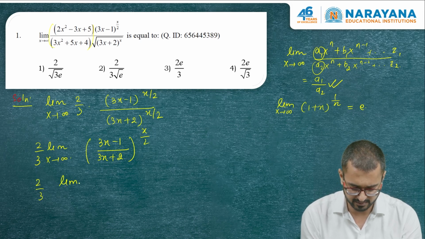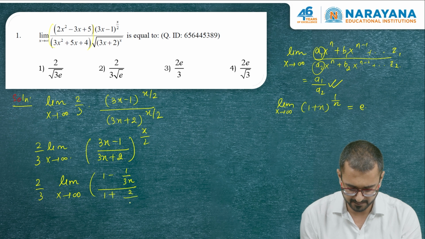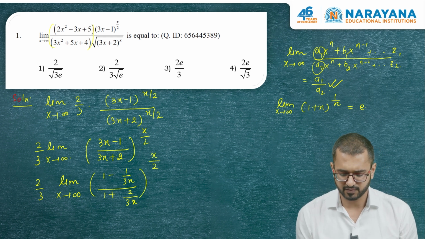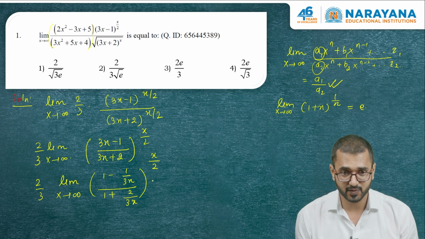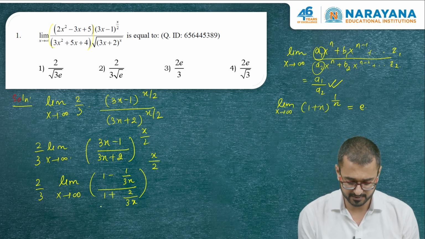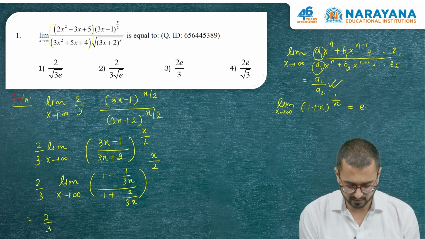So I'll have limit x tends to infinity, and this will simply give me 1 − 1/(3x) and then 1 + 2/(3x), and then again to the power x/2. Now it is of the form (1 + 1/x)ˣ, so we can simply write down this limit. This will give you 2 over 3, then e to the power −1/6.